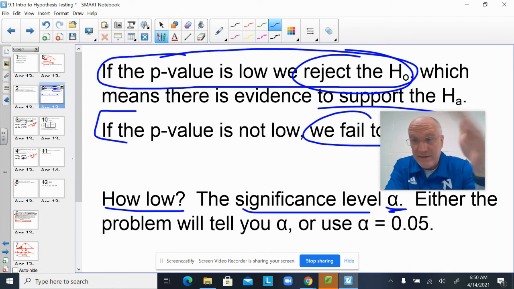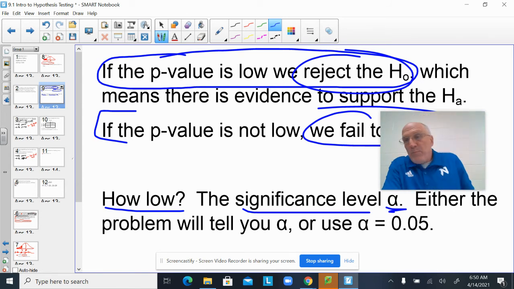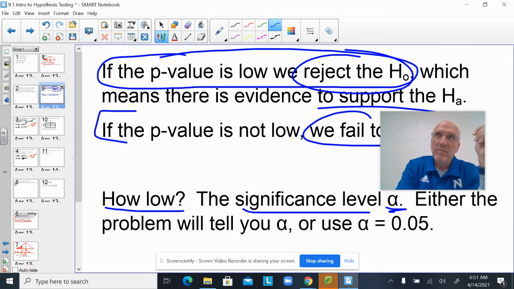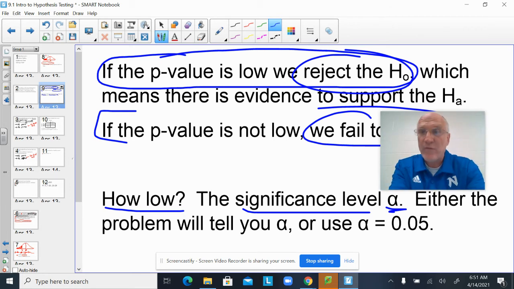There was not evidence to support Matt's hypothesis that I'm worse than 80%. But I might be worse than 80% at free throws. So if I fail to reject the null hypothesis, but I actually should have, that's one type of error I could make. And there's also the other type. What if my result is rare enough that I do reject the null hypothesis, but it turns out that I really am an 80% free throw shooter?